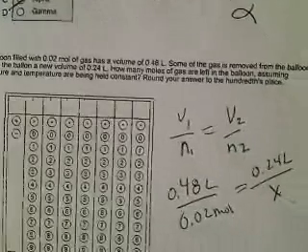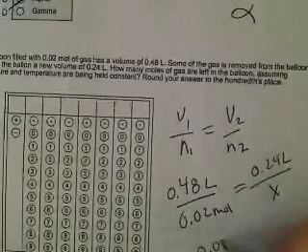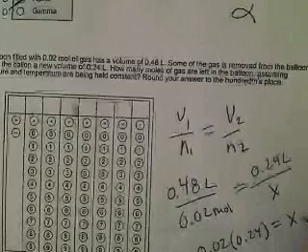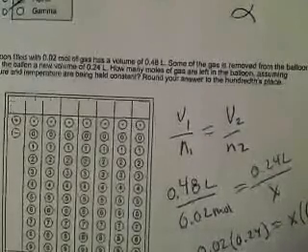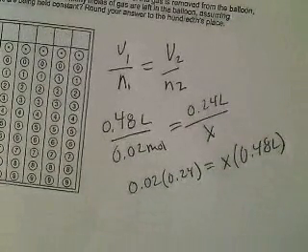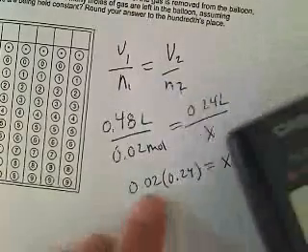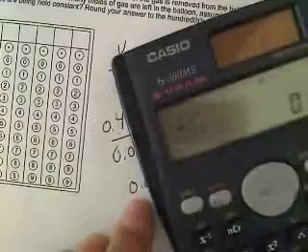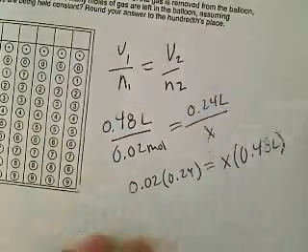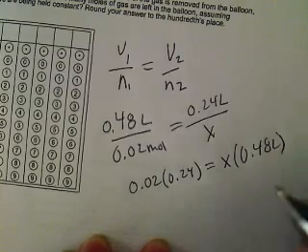In order to solve this, you can cross multiply. If you cross multiply, this is going to be 0.02 times 0.24, and this is going to equal X times 0.48 liters. Oh, you can see it. So we're going to say 0.02 times 0.24 equals, and then, it's a bad calculator to use.